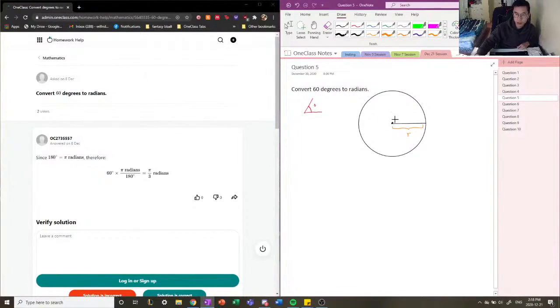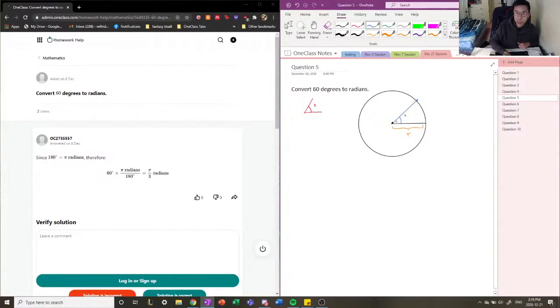We can have a line from the radius and another line, and we can define that angle. We can measure this with degrees, and we can also measure this with radians because of how the circle works.